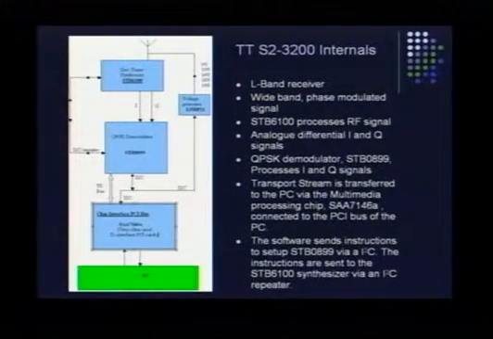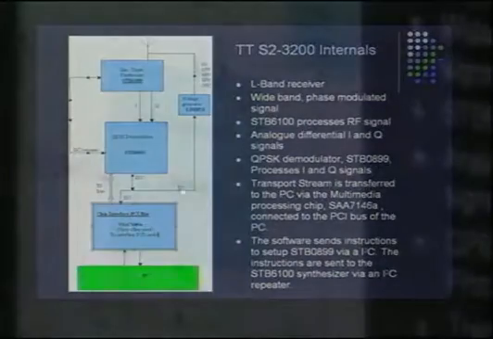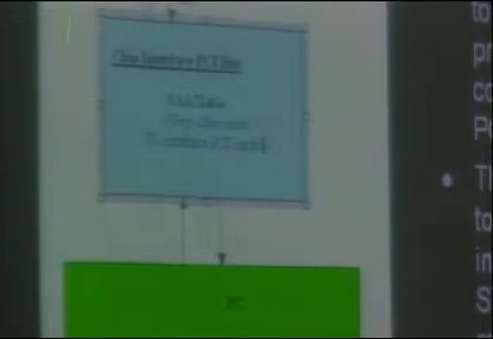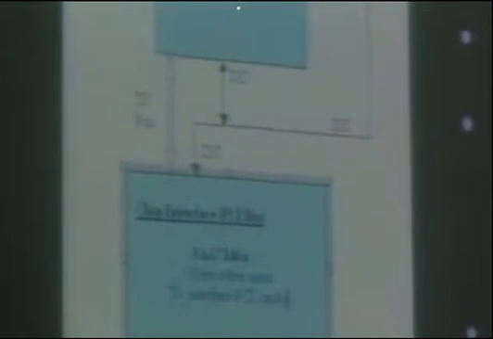So this is the diagram. The zero IF tuner synthesizer, QPSK demodulator STB0899, the chip interface, and the PC. All data are not the transport stream, but all commands to the demodulator, to the zero IF tuner, to the LNB P21 are made by I2C.